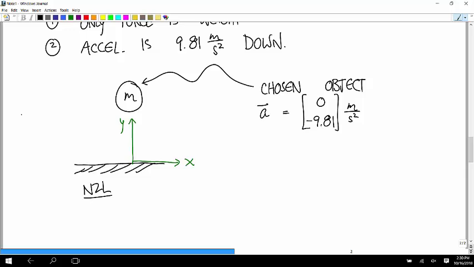If we include all the forces acting on this, all that is the weight force, and I'm going to call that Fw, for the weight force. I'm going to break it up into an x and a y component. We don't know either of them. That's what we're trying to calculate. And that's equal to the mass of the object, which is m, times the acceleration of the object, which is 0 for x, negative 9.81 for y.